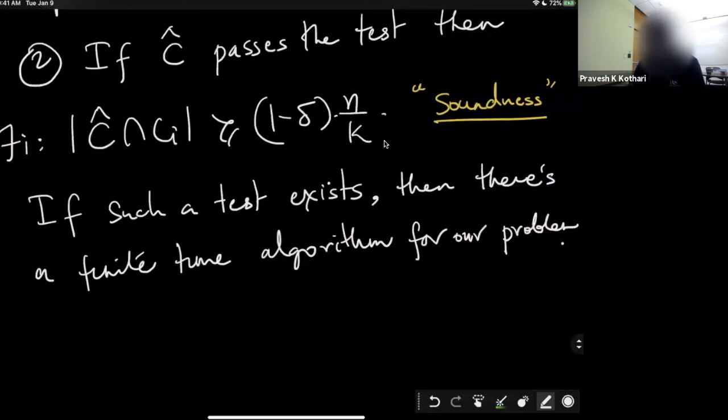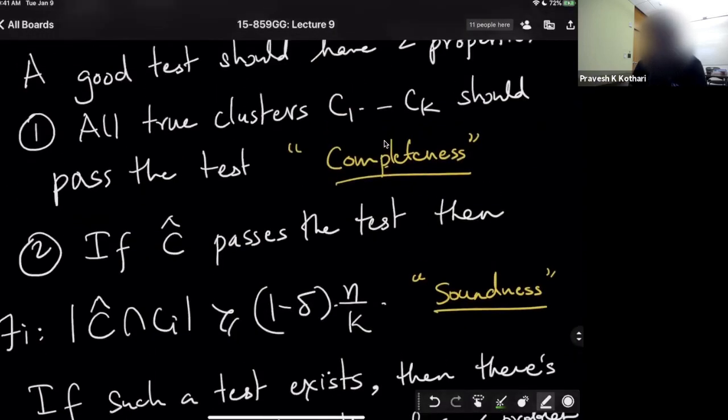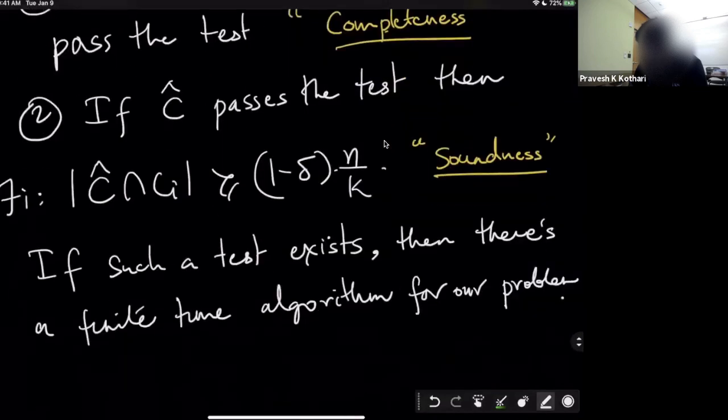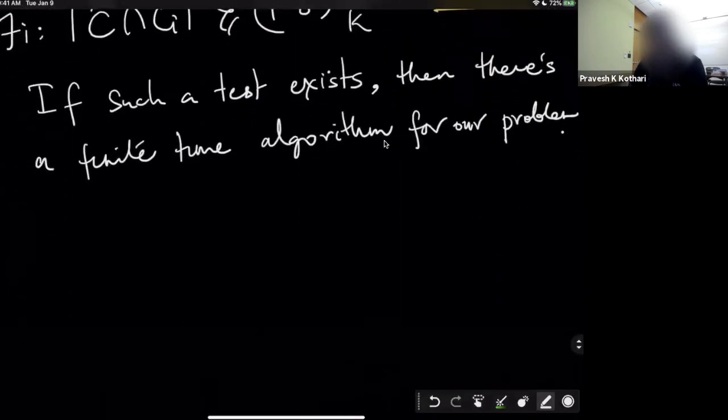If the test is indeed complete and sound, then I will definitely accept true clusters, and anything that I accept will not be far from a true cluster. Which means that I get a finite time algorithm immediately if I design such a test.